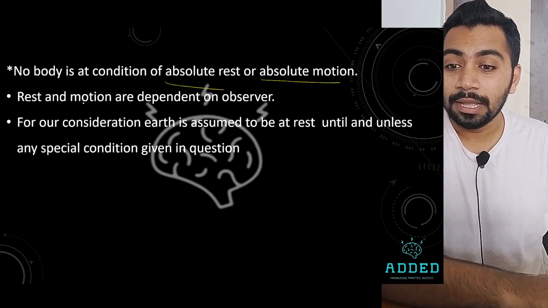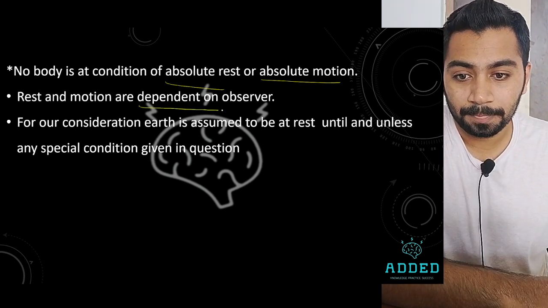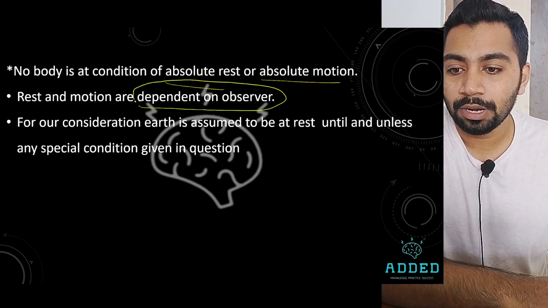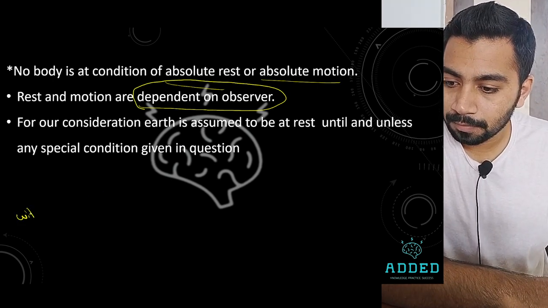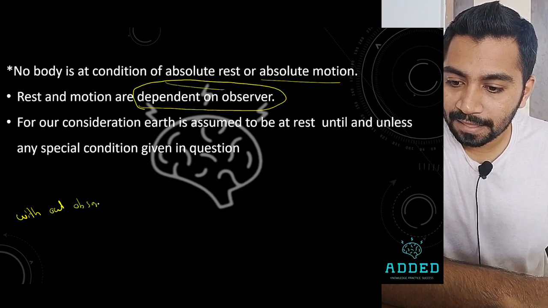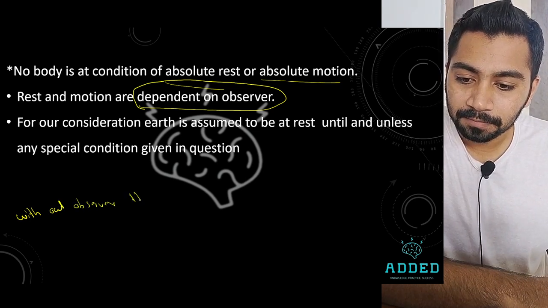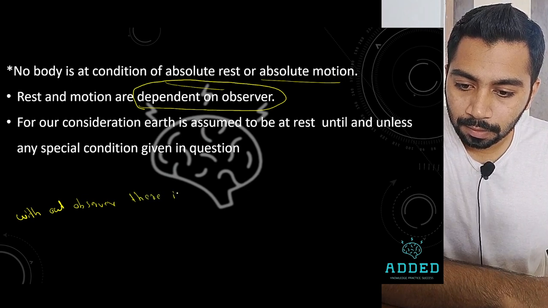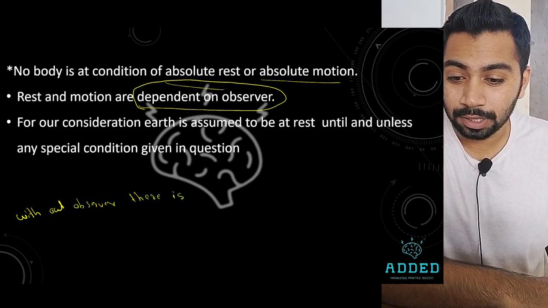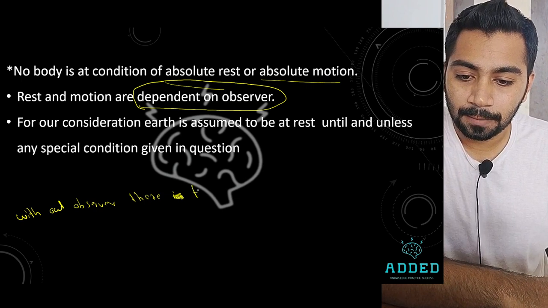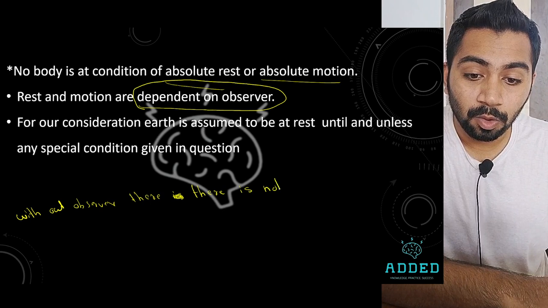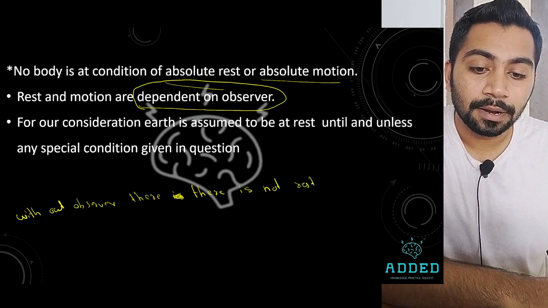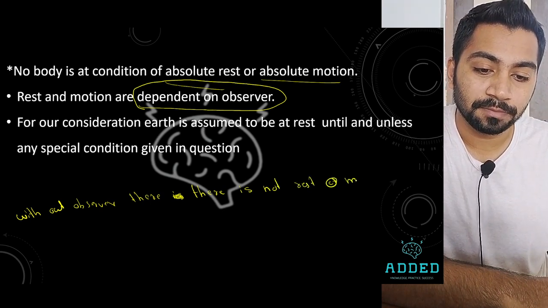And there is one more thing. Rest and motion are dependent on the observer. I explained this point, and it is very important. Without an observer, there is no rest or motion.